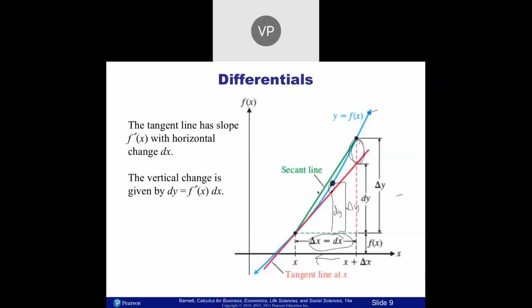As I get closer and closer, the gap between dy and delta y gets tinier and tinier. That was the thing they were saying. As delta x gets smaller and smaller, this gap right here, the difference between delta y and dy, is getting smaller and smaller.